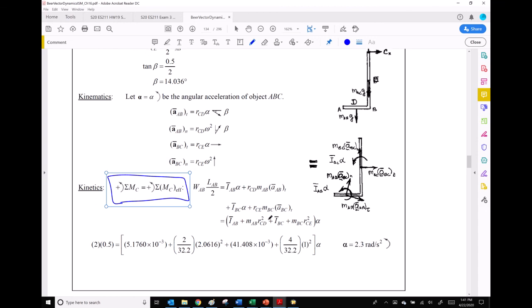But what they end up doing right here, you'll notice, is when you pull out that alpha that's right in here out of the thing, they do this stuff on the right hand side out, and then they combine right here. That's the parallel axis theorem, and that's the parallel axis theorem. So they end up doing the same thing that we did, and you see that they got the same answer, 2.3.